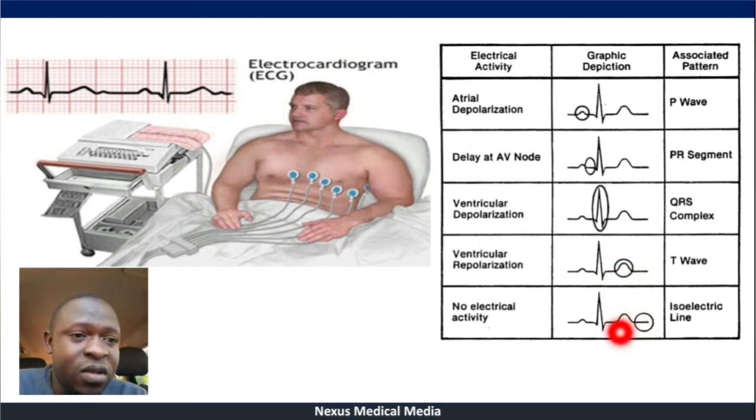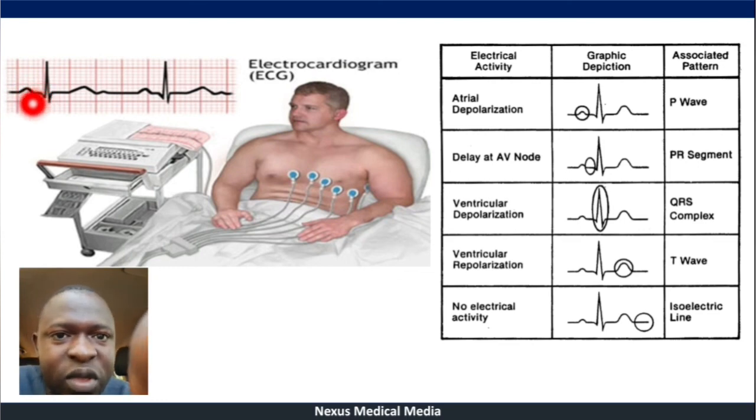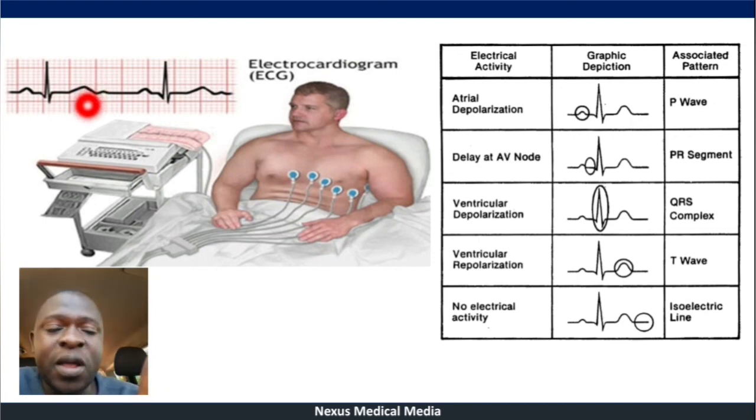On the straight line, it means no electrical activity, so that's the isoelectric line. One more time: the first positive deflection is the P wave, then the straight PR segment, then the QRS complex, and then the T wave, which is ventricular repolarization.